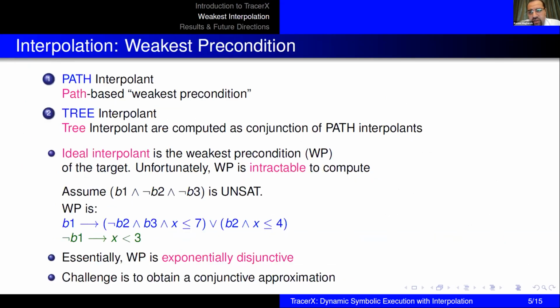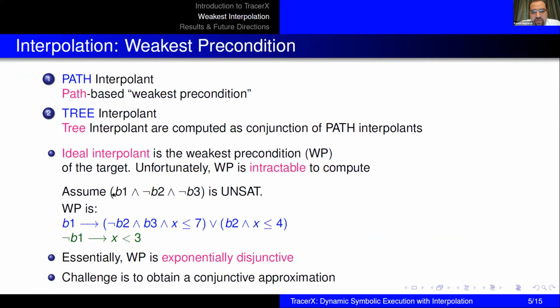Now, let me explain how we generate an interpolant. The ideal interpolant would be the weakest precondition. We can use a path-based weakest precondition for the path interpolant, and the tree interpolant can simply be the conjunction of the path interpolants. However, the issue is that WP is intractable to compute in general.